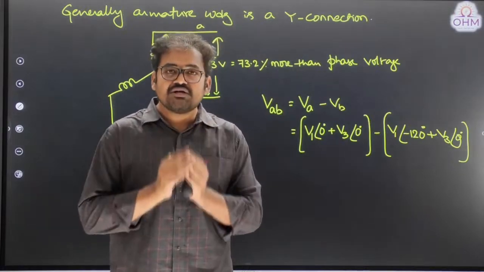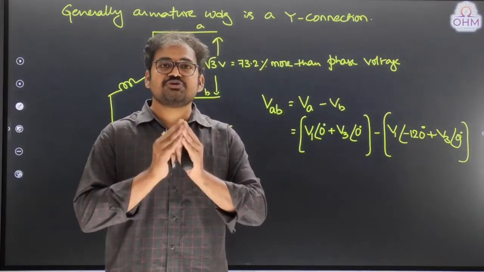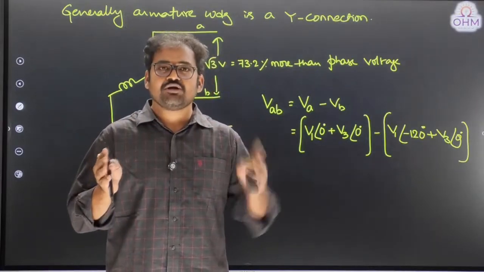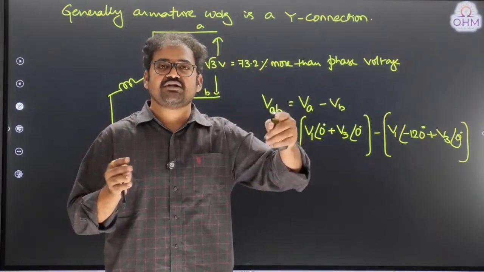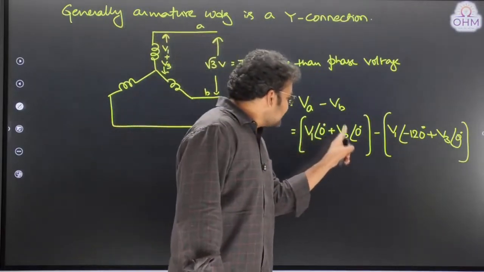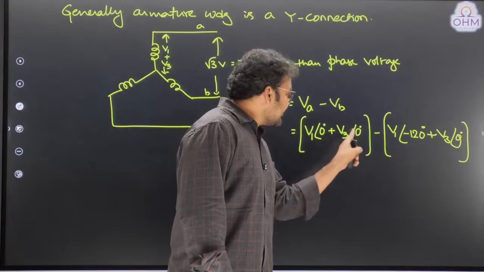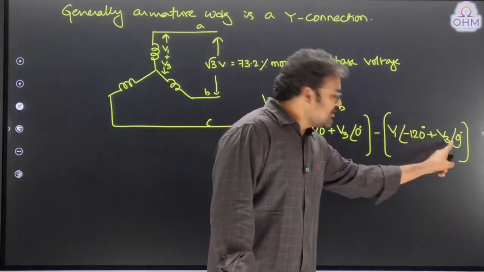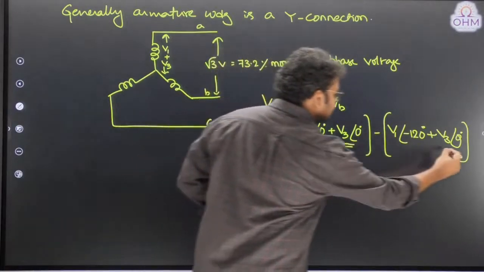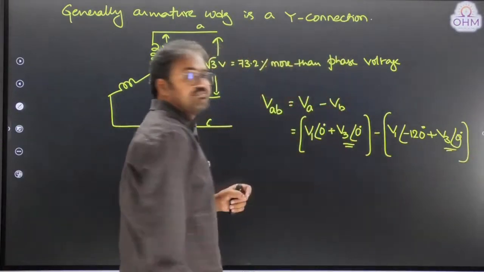Because the third harmonic component belongs to the zero sequence component. When it belongs to the zero sequence component, all three phase voltages are at the same phase angle. Therefore, if the phase A third harmonic voltage is at an angle 0, the phase B third harmonic voltage is also at an angle 0. Therefore, both will cancel each other because there is a minus sign in between.